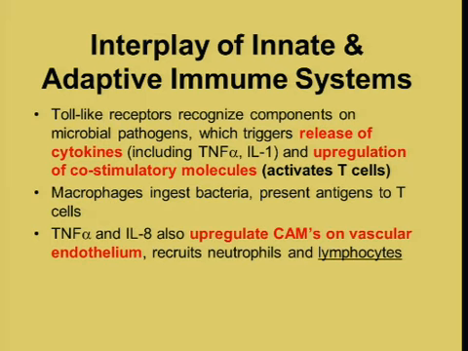In addition to this, they also ingest the bacteria, kill it, and then present pieces of this bacterium to an awaiting T cell. So basically, there's an interplay between the innate immune system and the acquired immune system. The innate immune system is a first wave of defense against something that has breached those barriers.